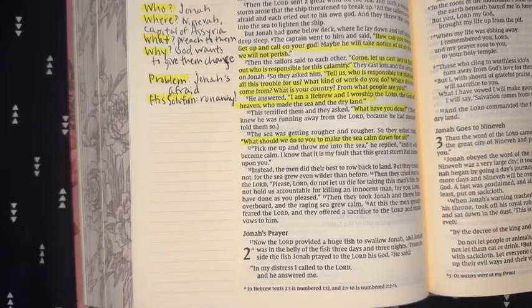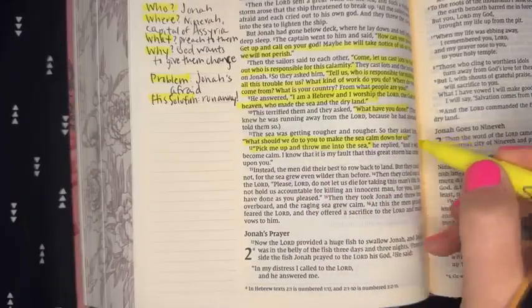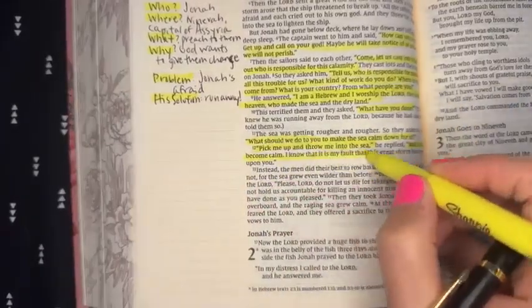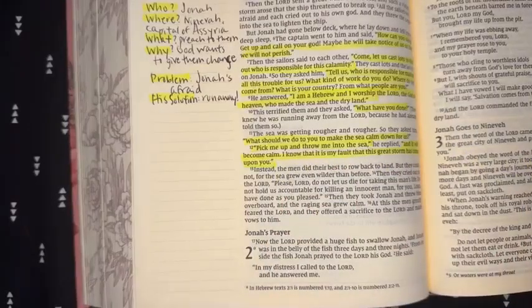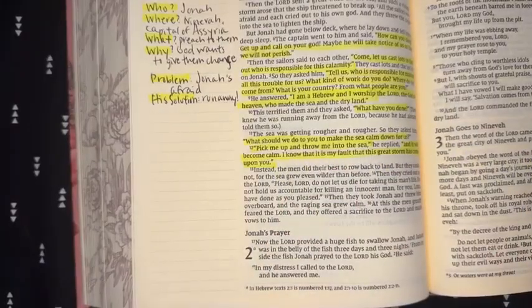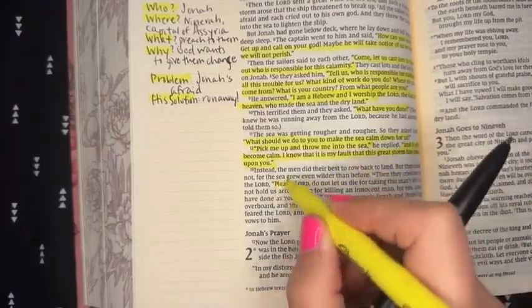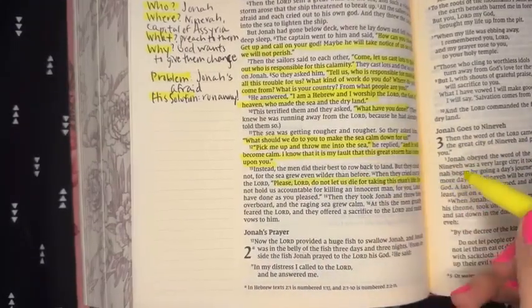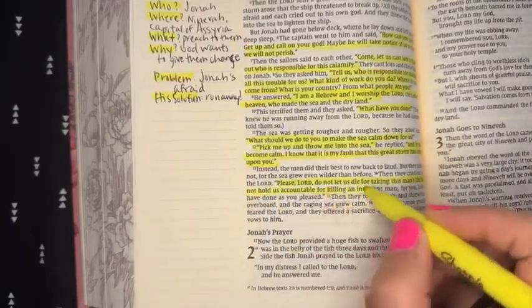I know it's my fault that this great storm has come upon you." Instead, the men did their best to row back to land, but they could not, for the sea grew even wilder than before. And they cried out to the Lord, "Please, Lord, do not let us die for taking this man's life. Do not hold us accountable for killing an innocent man, for you, Lord, have done as you pleased."